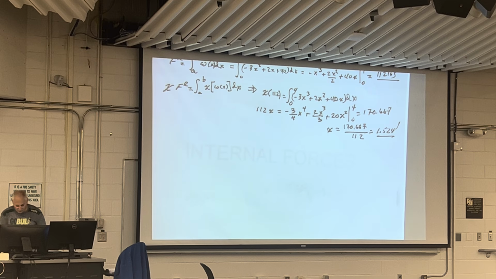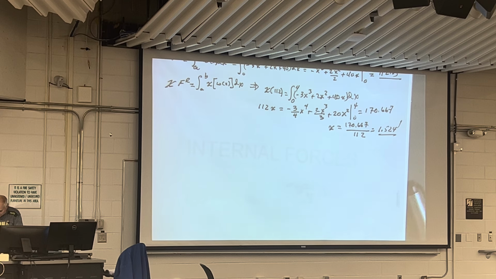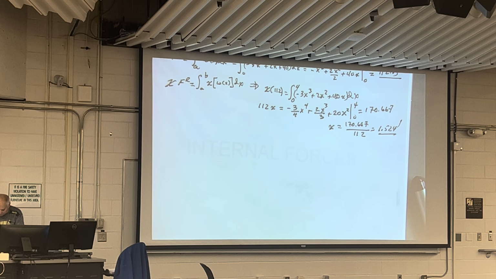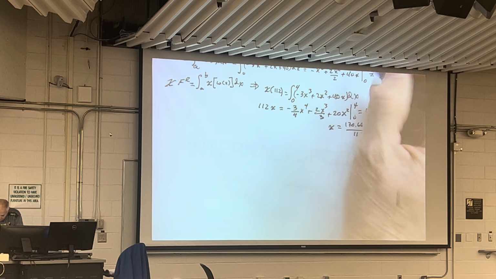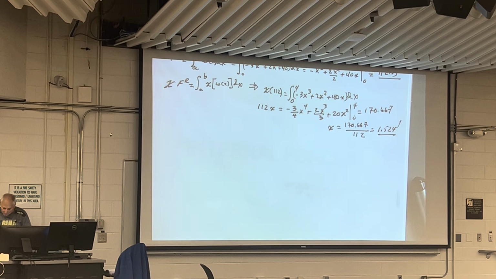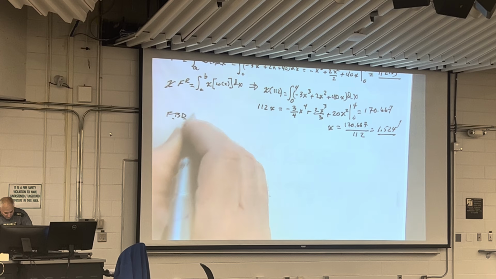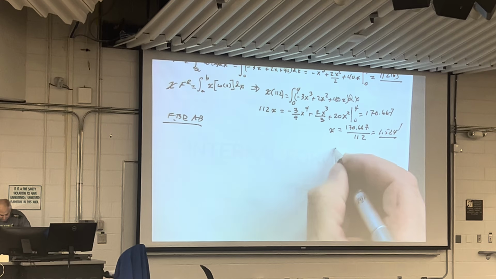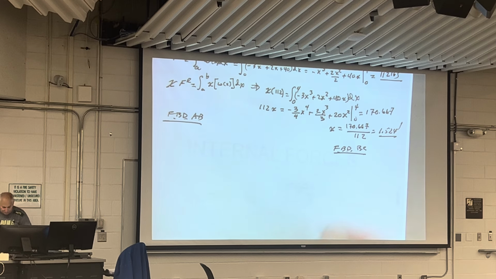Our problem was this one. And now, I'm going to break this up into two pieces because I have a compound beam. I'm going to say this and that. So I'm going to do a free body diagram AB, a free body diagram BC.